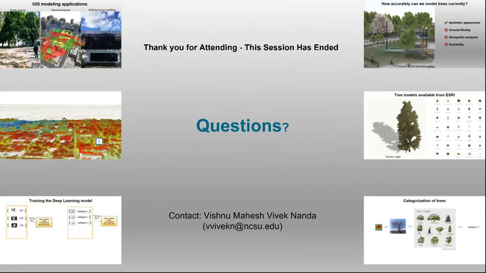I don't know if LiDAR can detect the chemical composition, but the chemical composition or the species can be determined by hyperspectral images, and this can be combined with the LiDAR data to accurately detect the species.